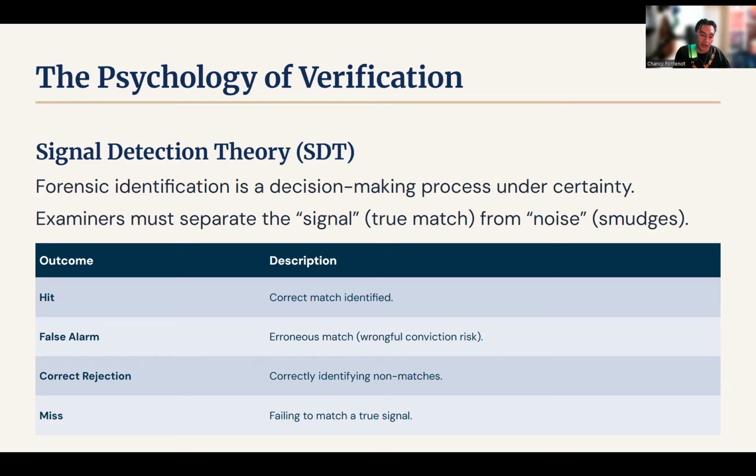With this in mind, this brings us to a core psychological framework known as signal detection theory. Because fingerprint analysis relies on human judgment under pressure, the examiner's brain is constantly trying to separate a true forensic signal from messy background noise. You can think about it as professional wrestling like WWE. When you're a kid and you're watching this, you think it's 100% real and unscripted, just athletic competition.